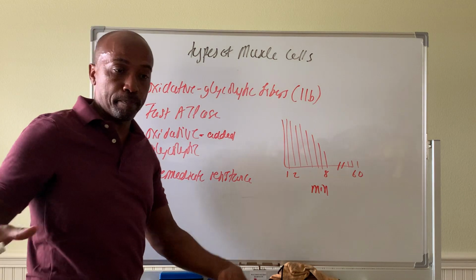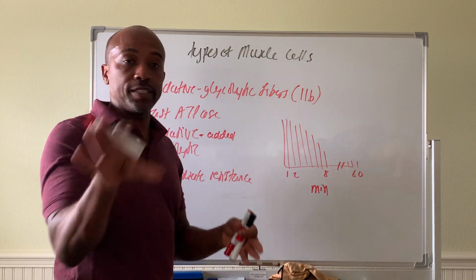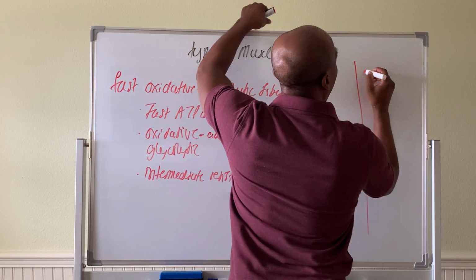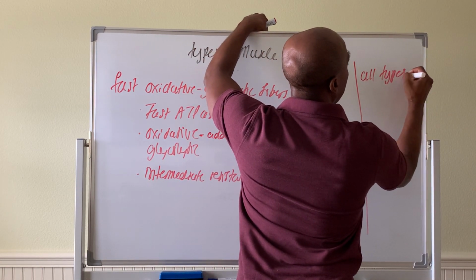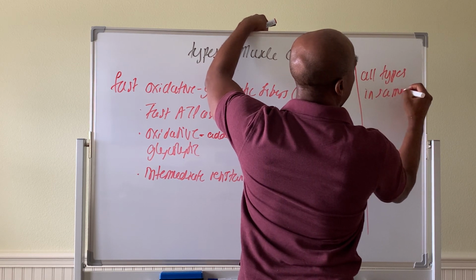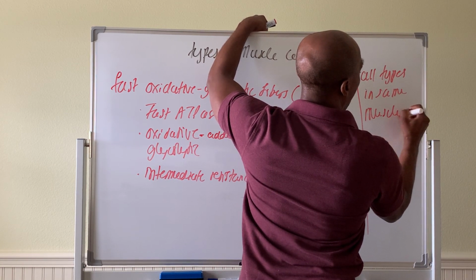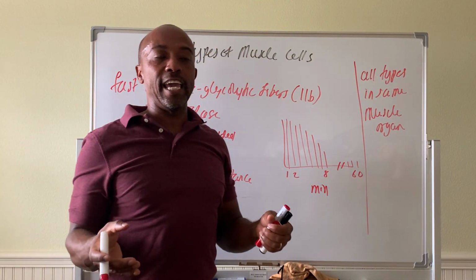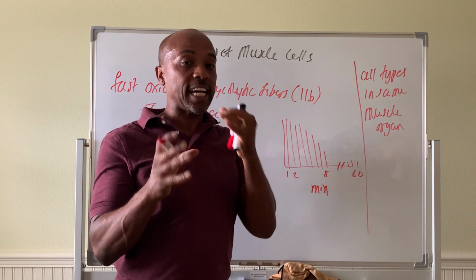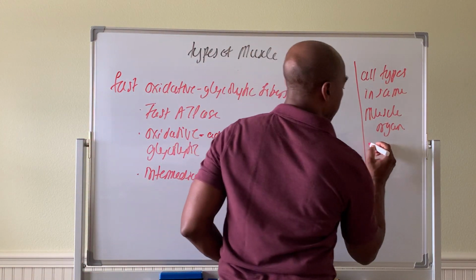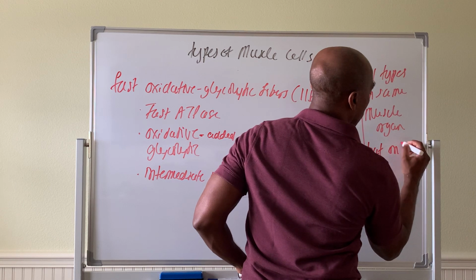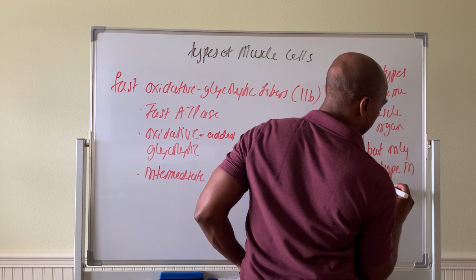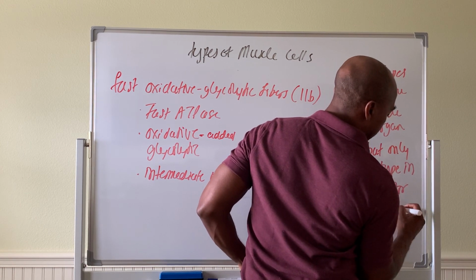Now, in a particular muscle organ, you may have all 3 types in that muscle organ. So all types can be in the same muscle organ, but within a motor unit, you can only have 1 type per motor unit.